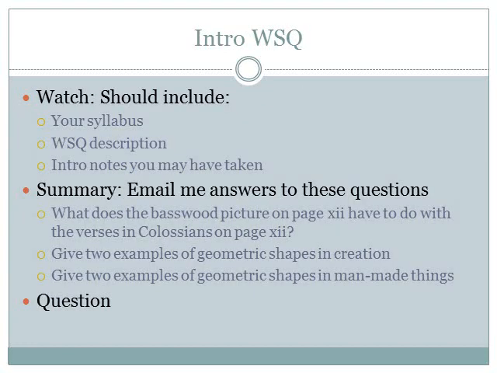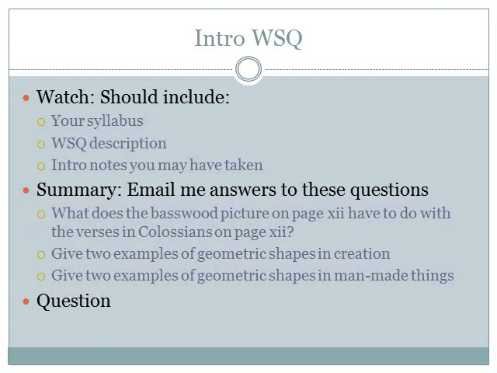Okay, the watch section of your whisk is going to have your syllabus, your whisk description, and then any notes that you took on those last couple slides. For your summary section, you're going to email me the answers to these 3 questions on your own.